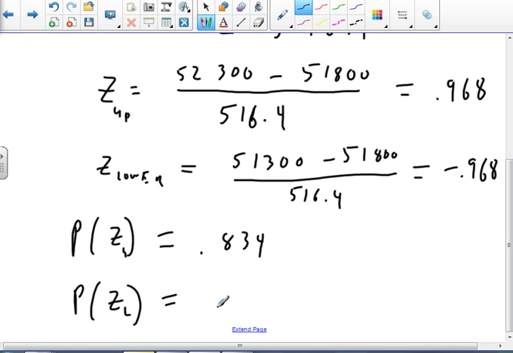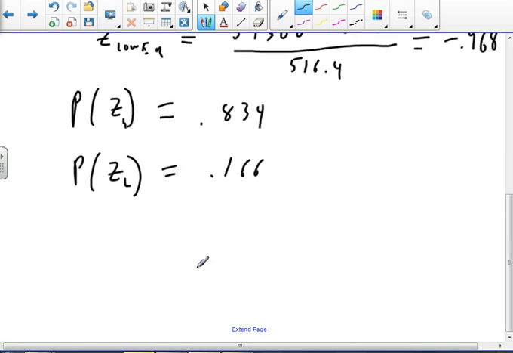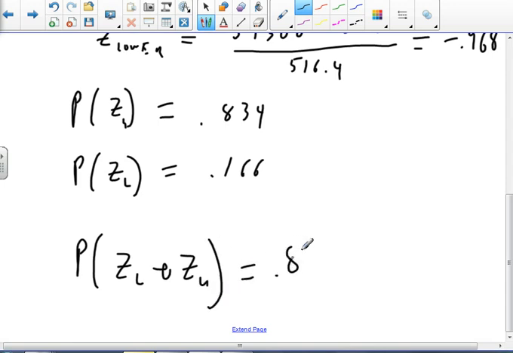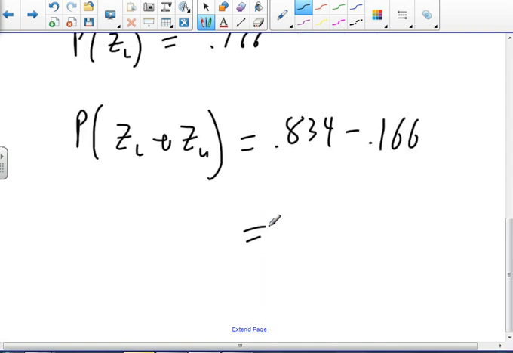So the probability that I'm between the lower Z limit and the upper Z limit is 0.834 minus 0.166, which is 0.718. So that'd be the probability that I'm plus or minus 500 when I have a sample size of 60.